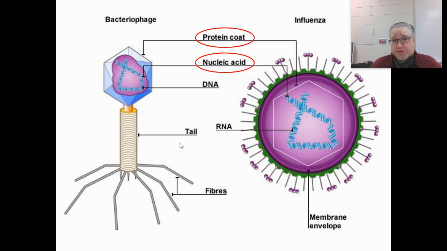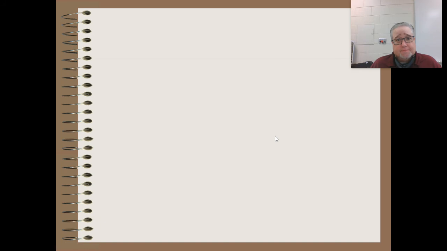But again, there are some other structures. A bacteriophage has a tail and these attachment fibers. And the flu virus has this envelope that surrounds it. So every virus looks a little bit different, but they all have their own nucleic acids. They all have that protein coat that surrounds.